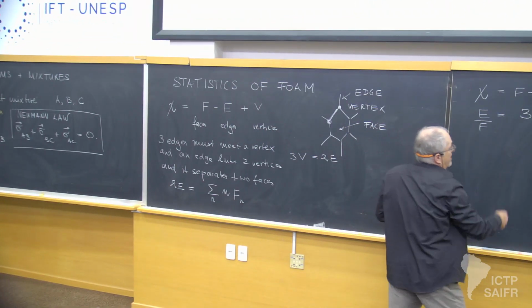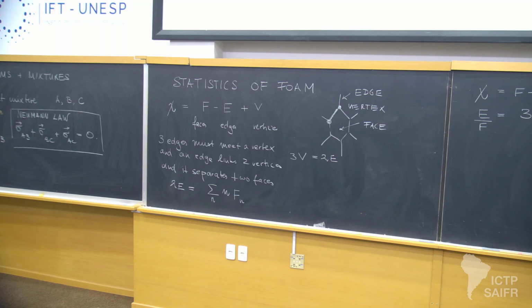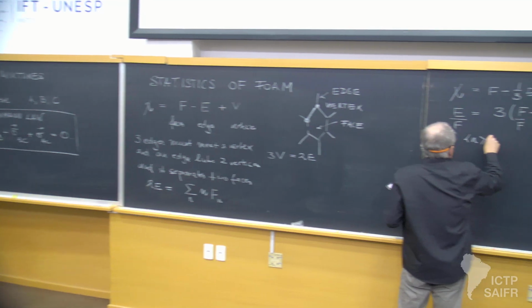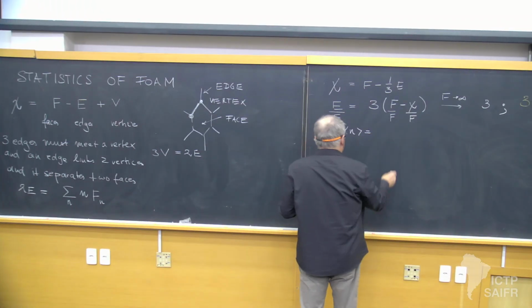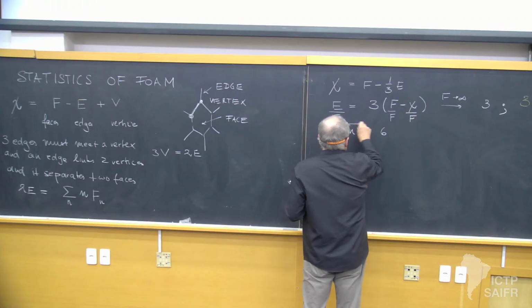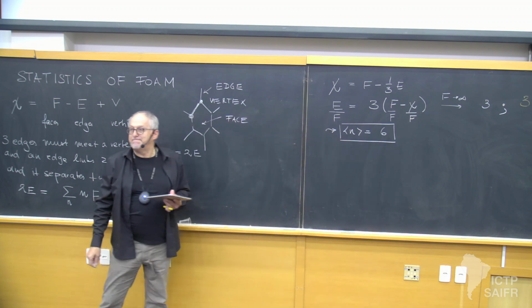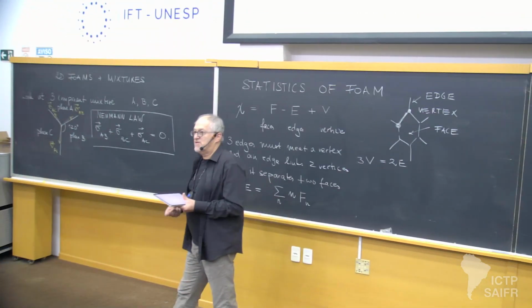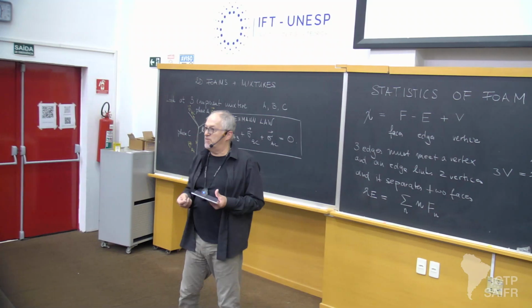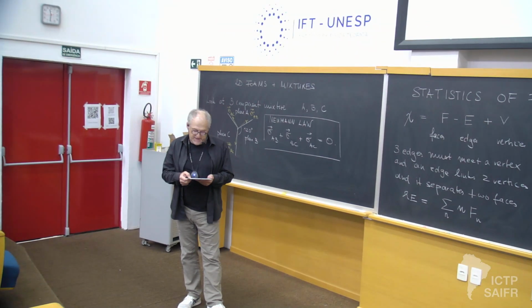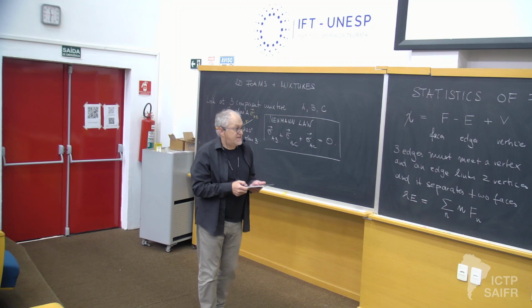And now I combine these two relations, and here we go. You get the typical, the mean number that you should have in these systems is 6. It's a very strong statement, right? So typically, for large enough foam, we look at it, it should have mostly cells with 6 edges.